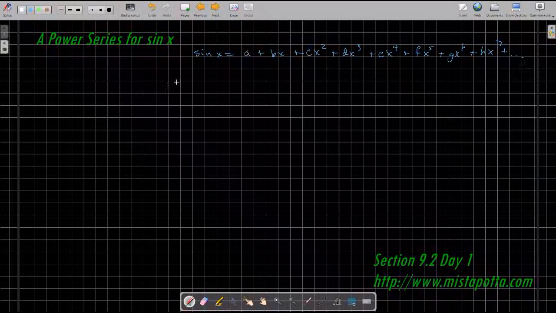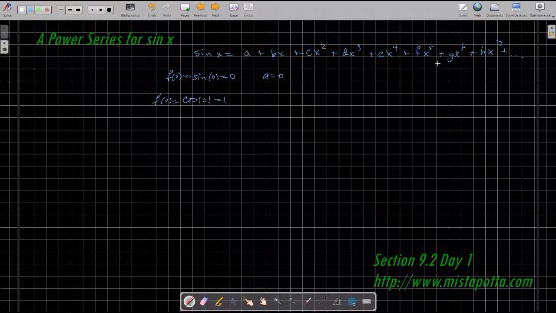But I'm going to be looking at my function evaluated at 0, which is the sine of 0, which is 0. And in order for this polynomial to be equal to 0, a must also be 0. But when I'm looking at f prime of 0, the derivative of sine is cosine of 0, which is 1.